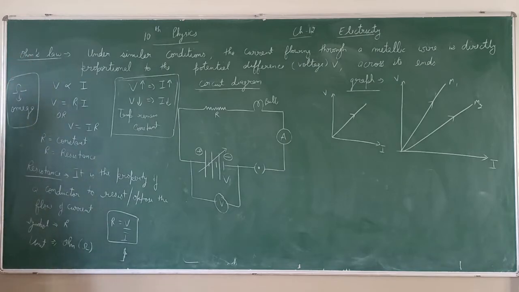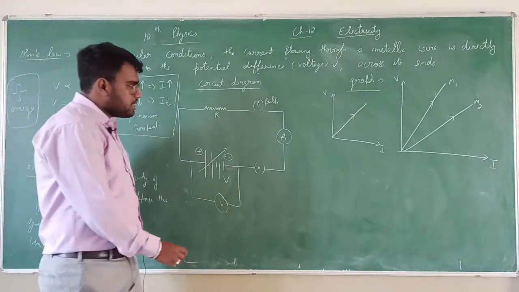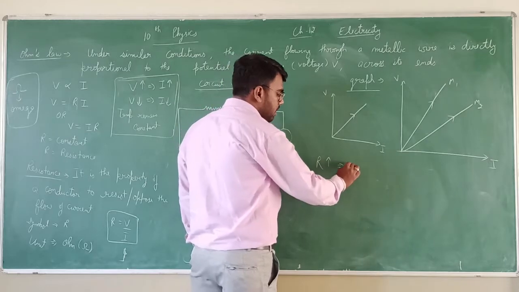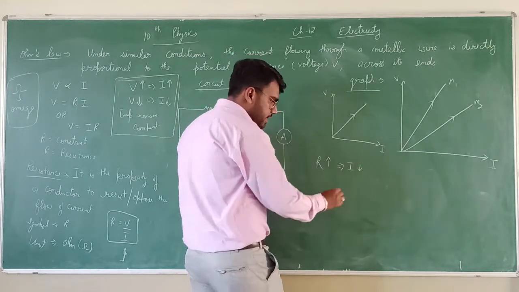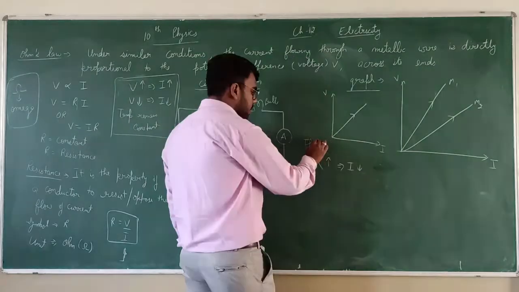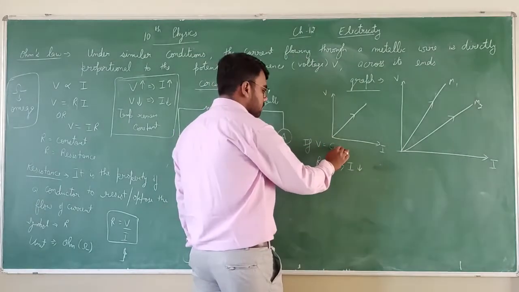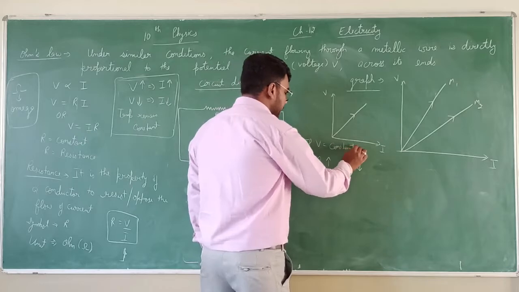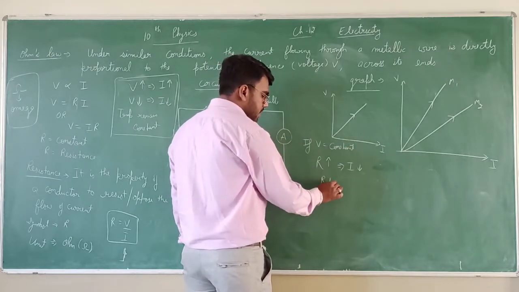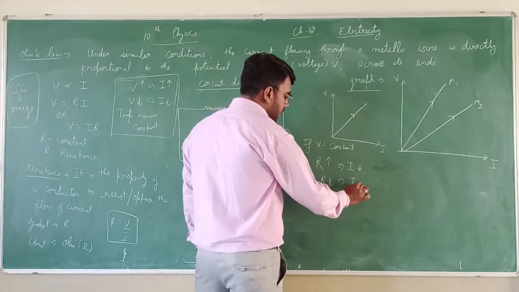So resistance opposes the flow of current. If resistance is more, then current will be less, keeping voltage constant. If voltage is constant and resistance increases, then current decreases, and if resistance decreases, then current increases.